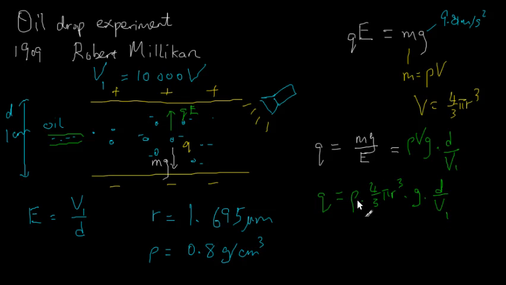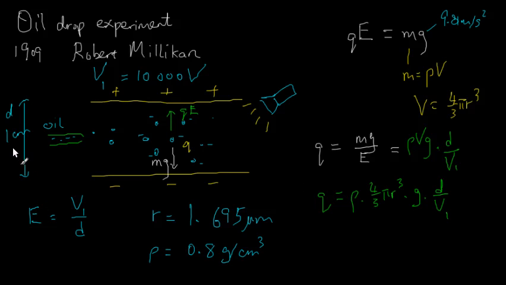And if you put in all these numbers, rho is this. Remember to convert this to kilogram per meter cubed. And r is this. Remember to convert micrometer to meters before substituting it into here. g is 9.81, V1 is 10,000, and D is 1 cm.